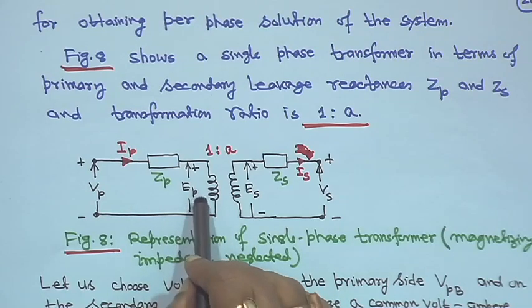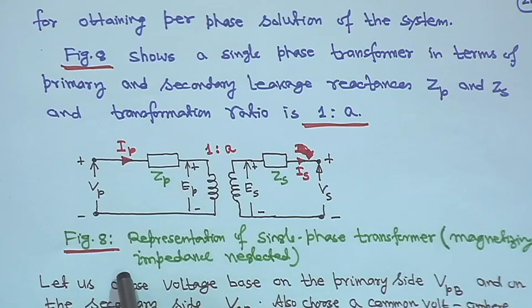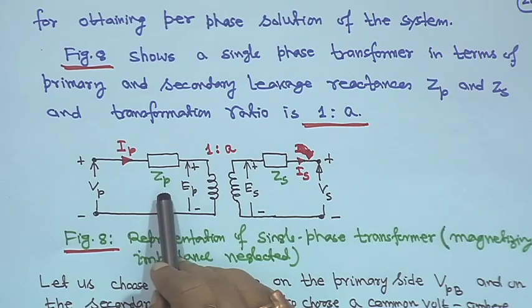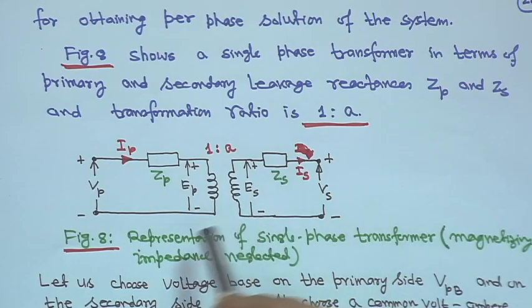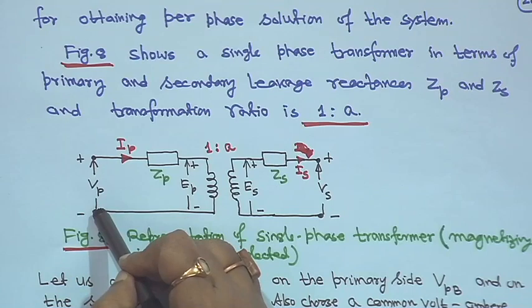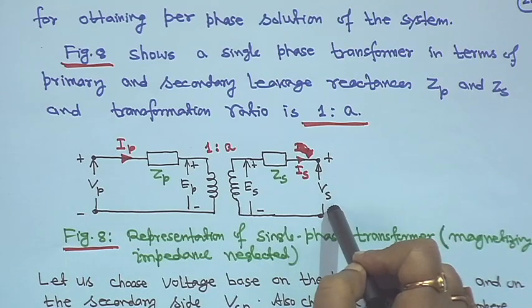So, this side we refer to as the primary, this is figure 8, right. It shows a single phase transformer in terms of primary and secondary leakage reactances, ZP on the primary side and ZS on the secondary side. This is your terminal voltage Vp and this is your secondary side Vs, right.